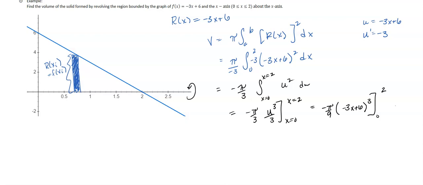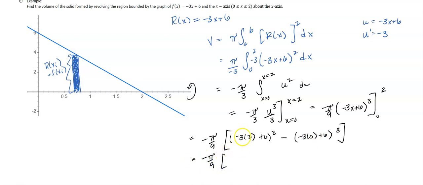So now I'm just going to plug in my bounds. And the first one will have negative 3 times 2 plus 6 cubed, and the second one will have negative 3 times 0 plus 6 cubed. Be careful with stuff like this because plugging in a 0 doesn't actually give you a 0 outcome here. Oddly enough, plugging in the 2 does.